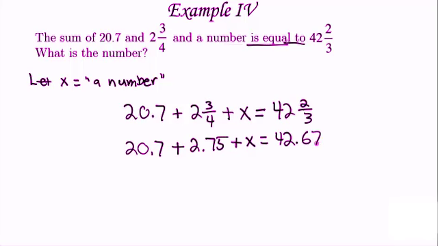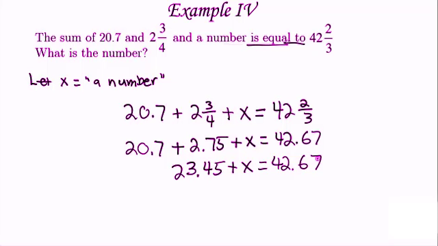I'm rounding to the nearest hundredths here, so I'm going to call 2/3 42.67. Before I go on, I'm going to add the two numerical values on the left to further simplify it before I start trying to isolate the variable. And if I add 20.7 and 2.75, I'll come up with 23.45. Plus x equals 42.67.